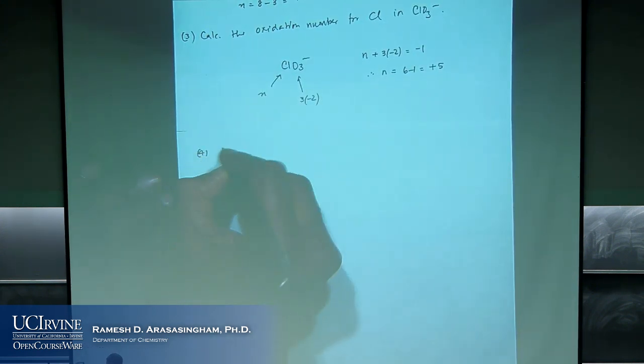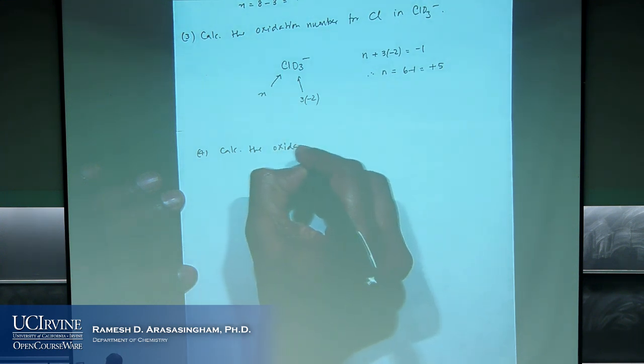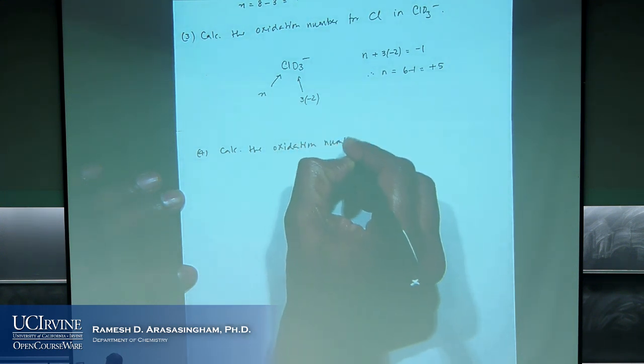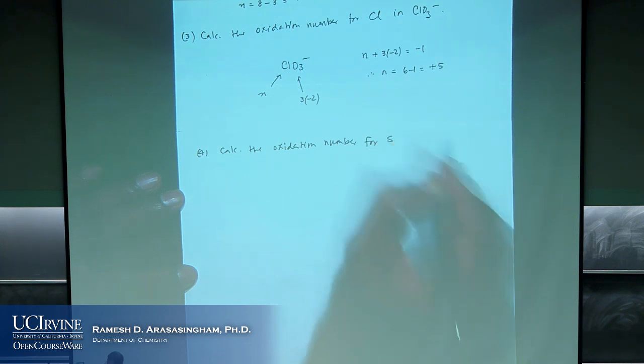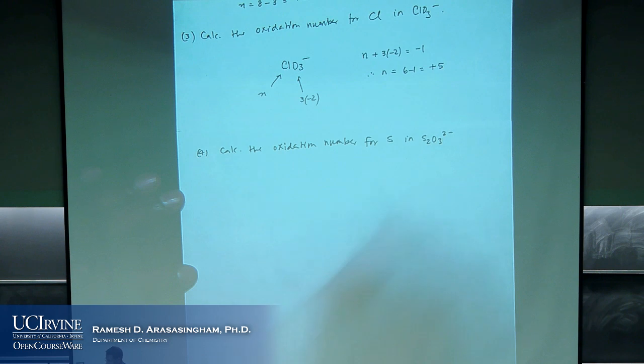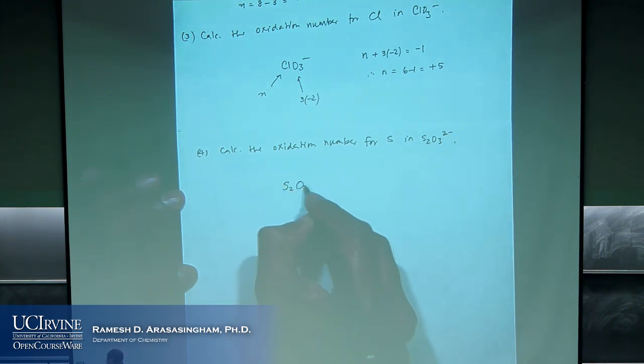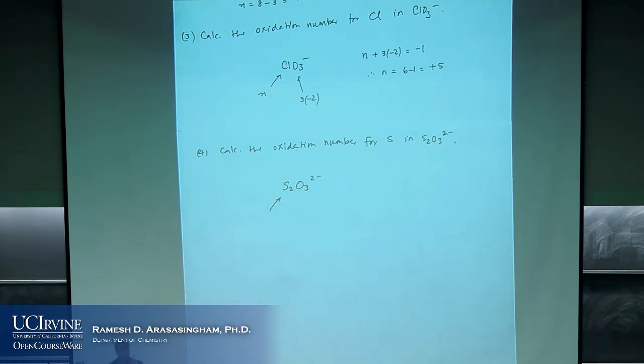Okay? Now, lastly, let's take something like thiosulfate, which is S2O3. So, calculate the oxidation number for sulfur in S2O3 2 minus. All right? So now remember, oxidation numbers are always assigned per one atom.